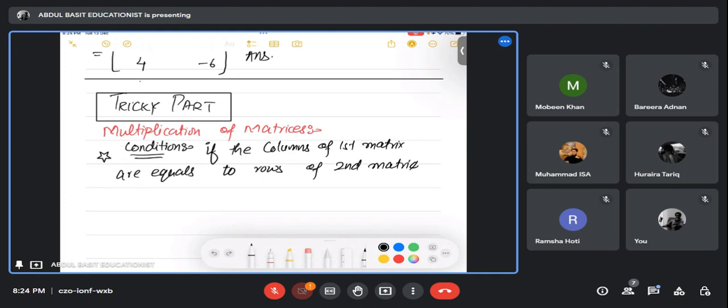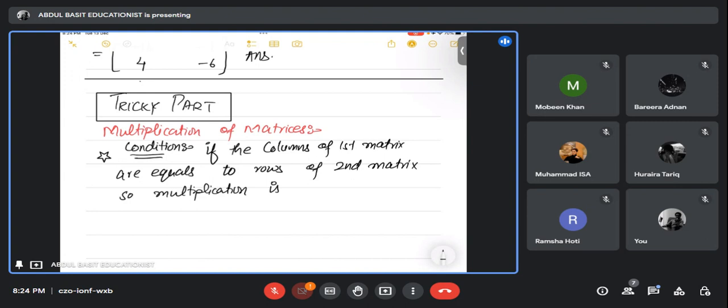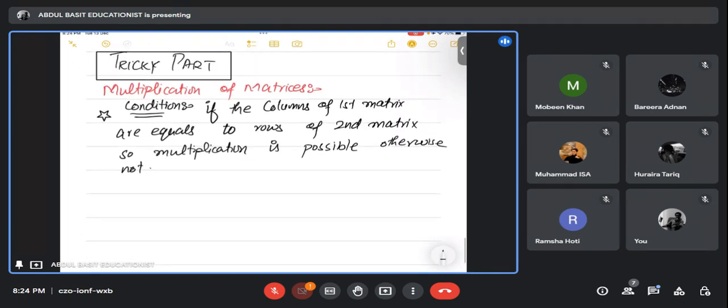So multiplication is possible. Otherwise, not. Let's see. Don't ask questions yet.